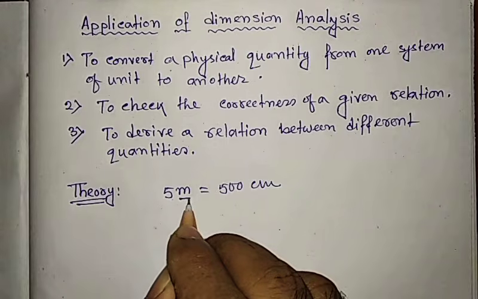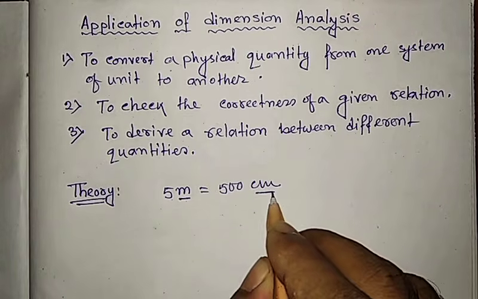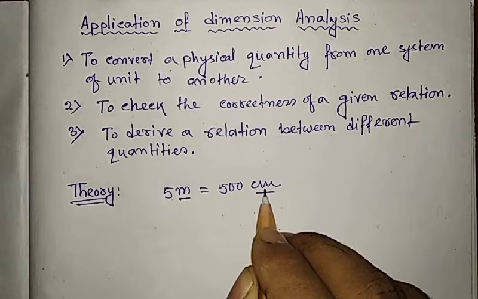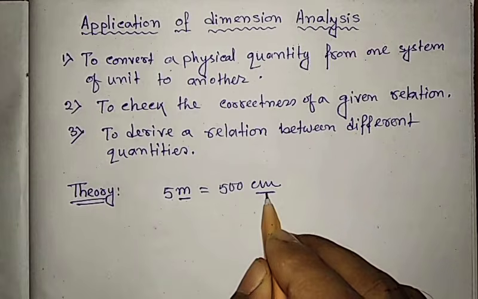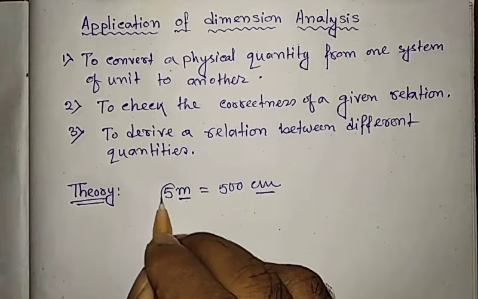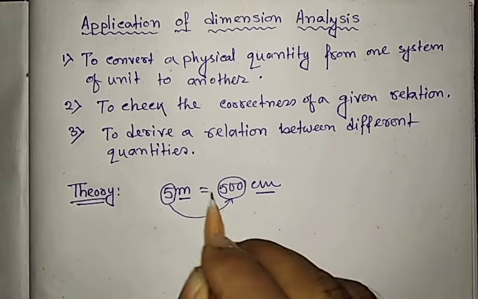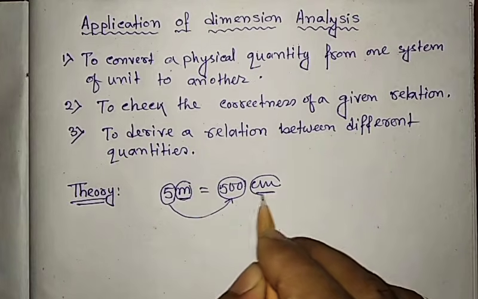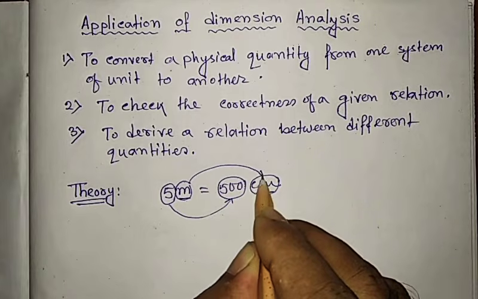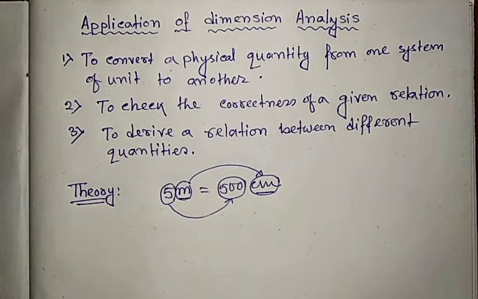So this is the size of the unit, this is another unit, this is the meter, this is the centimeter, but here the quantity is the same, that's why when the size of the unit changes, the numerical value also changes.